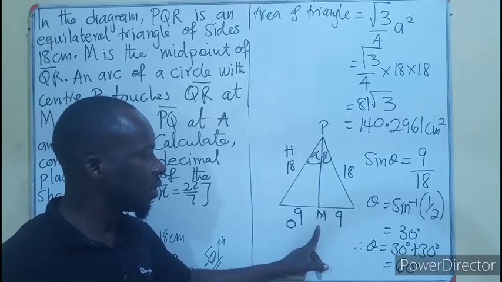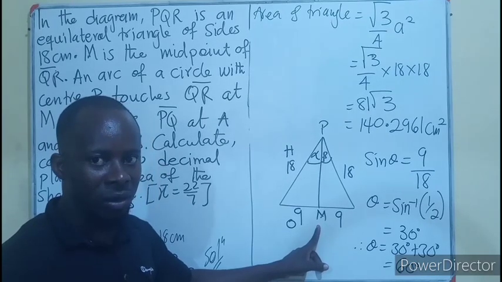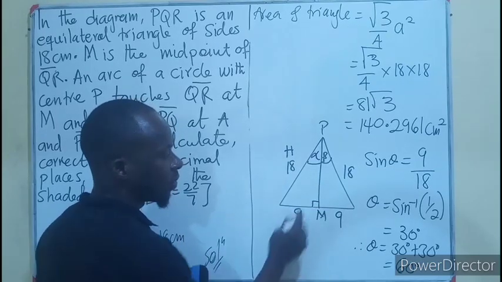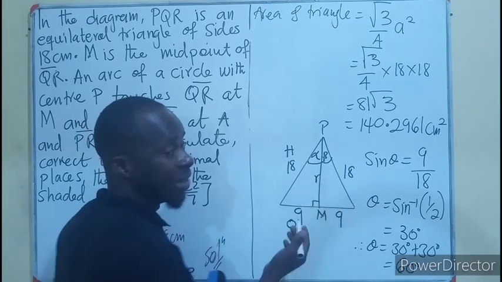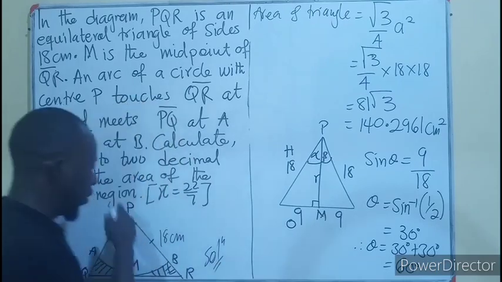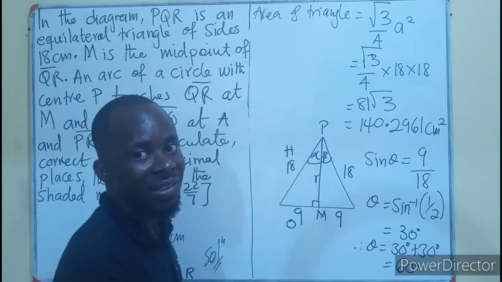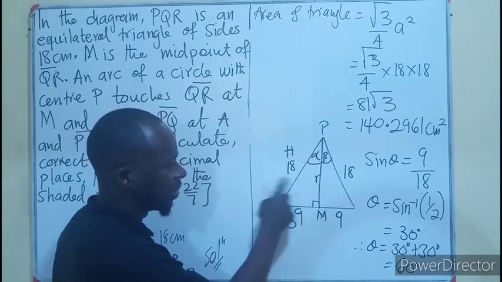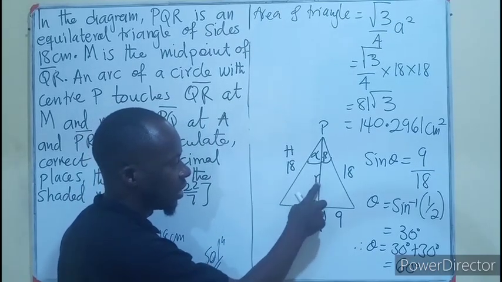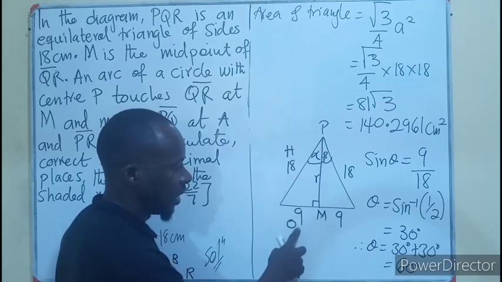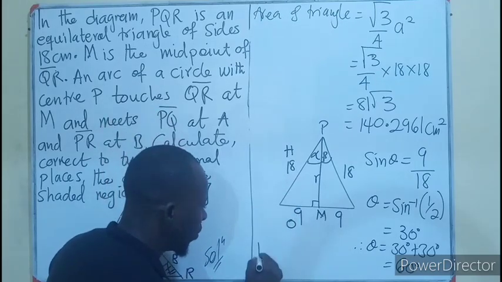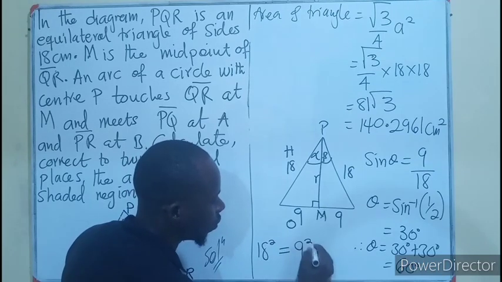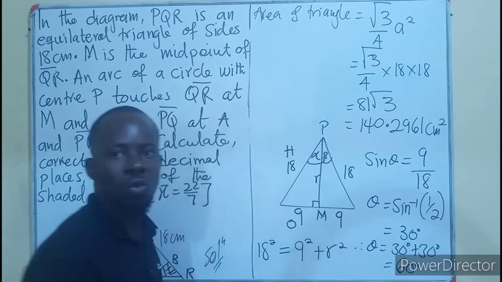And I can use the Pythagoras theorem. Since this is a right angle triangle, let me label it as R, which is the radius I'm looking for. Here it could be a height, but let me use R. Considering this triangle, the longest side will be 18 squared equals 9 squared plus R squared.